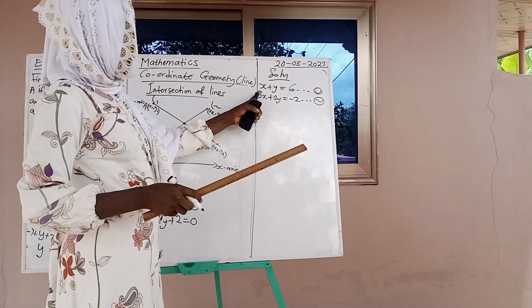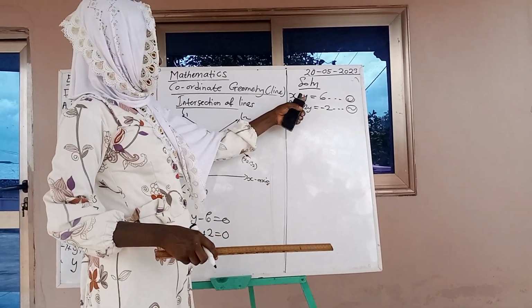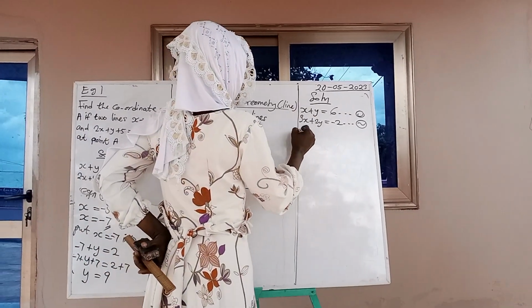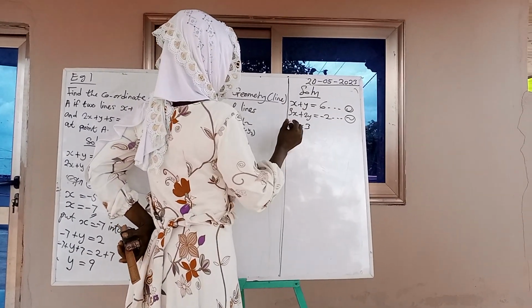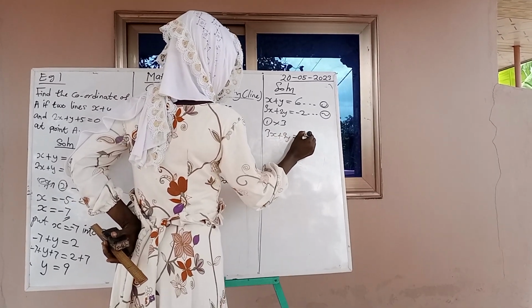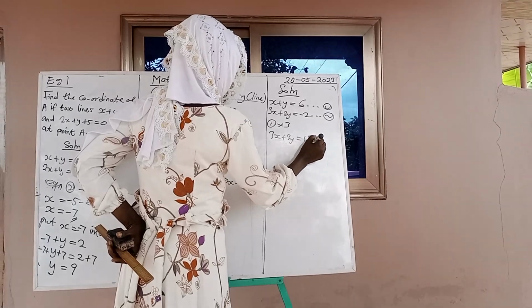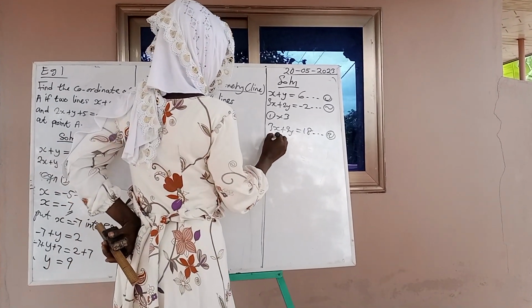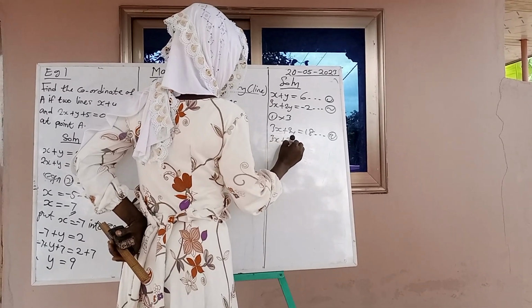With elimination, let's multiply equation 1 by either 3 or 2, whichever will work. So let's multiply equation 1 by 3. So we are going to get 3x plus 3y, which is equal to 18. That's equation 3. And we still have equation 2 here.